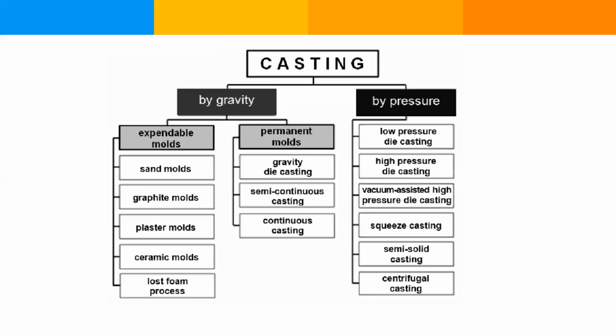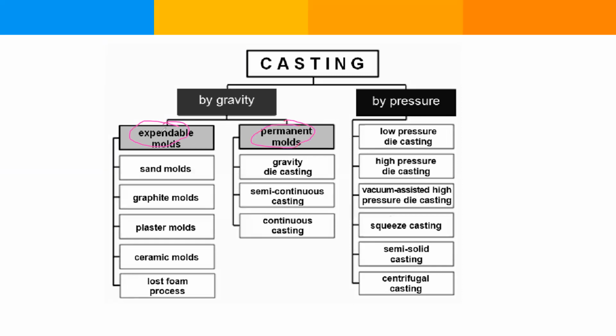Here you can see the classification of casting based on how the molten metal fills the mold cavity. It can be filled in two ways: one is by gravity and the other is by pressure. Under the category of gravity, it is divided into two types: the expendable mold and the permanent mold.